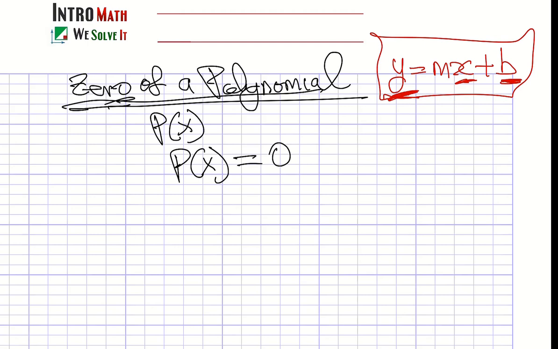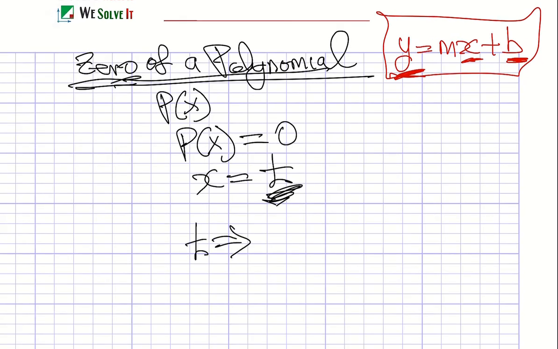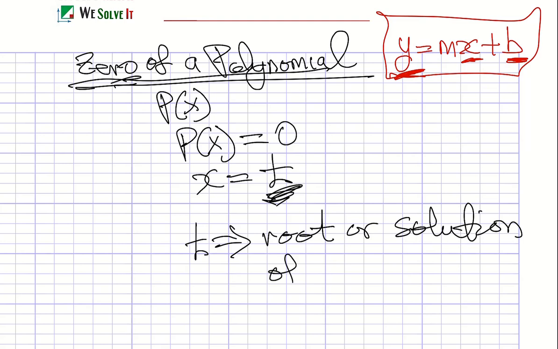In this case we can get x equals something, let's say t, where t is a constant. So in that case, t is called the root of the polynomial. The root or solution. Sometimes they say the root, but it's the same thing. We've seen that before.